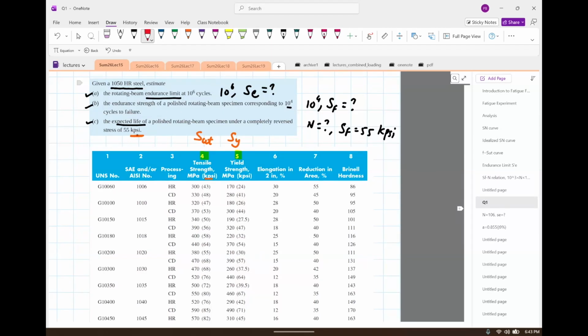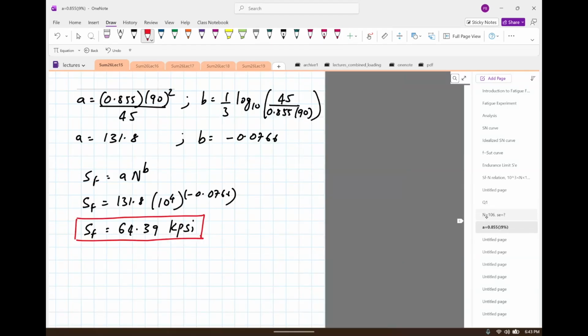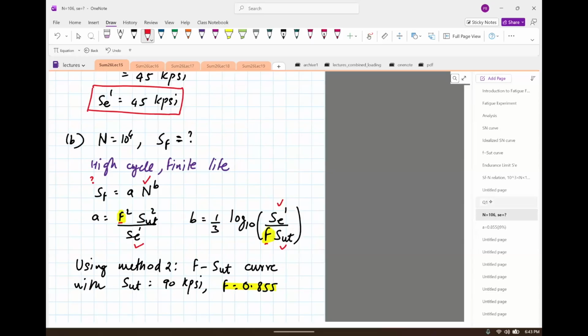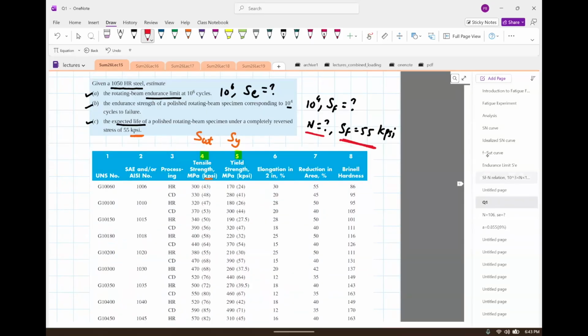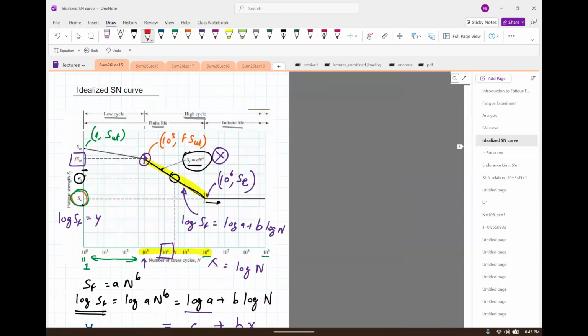Then the last one is expected life. So we need to compute n when SF is 55 kpsi. Now, here's something which you need to be very careful about. It's 55. The question is which range, which region it's going to be. Now we know that SE is 45.